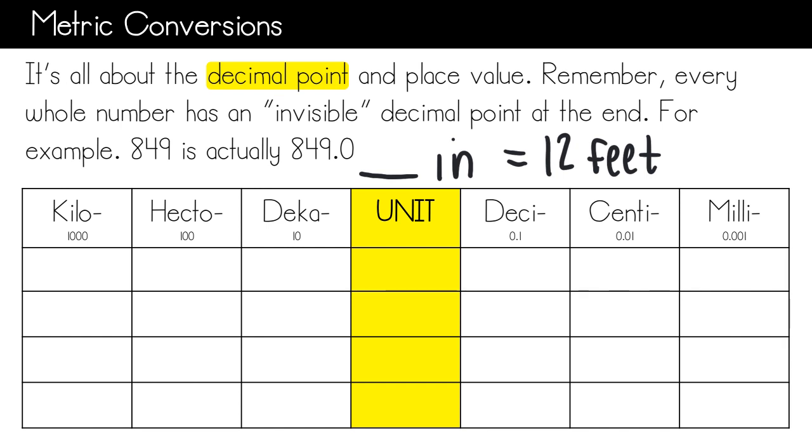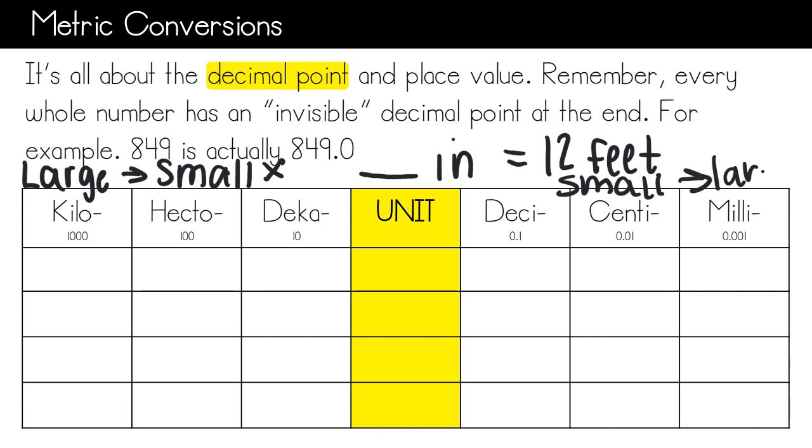That means you would multiply. Going from large to small, you multiply. Going the other way, from small to large, you would divide. Those are two very important things we have to remember, and the same is true when you're talking about metric conversions.